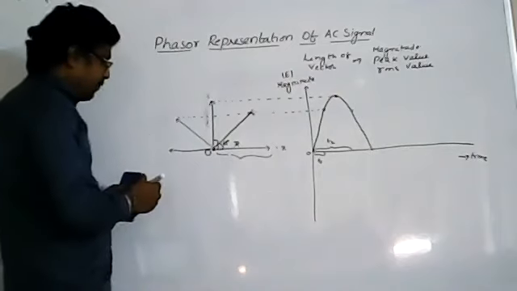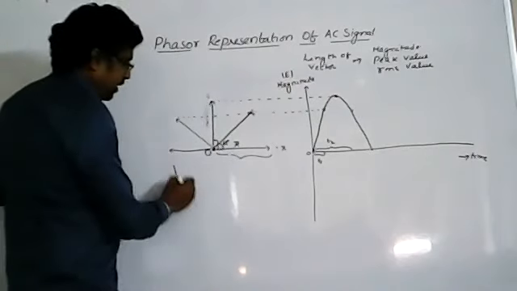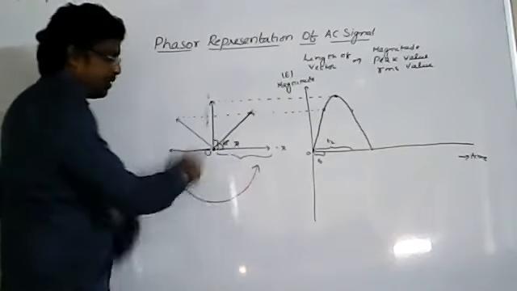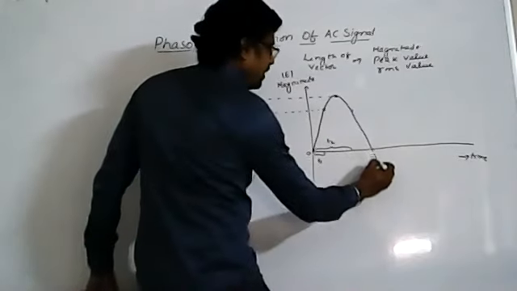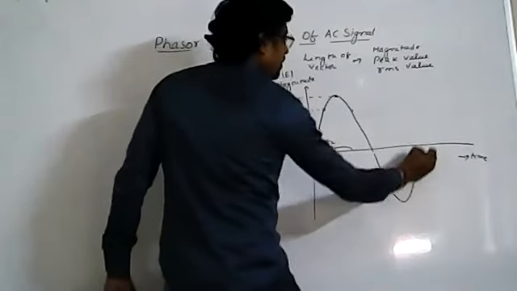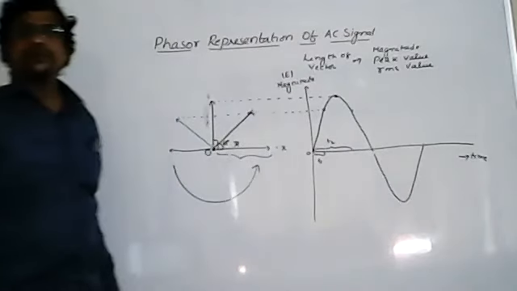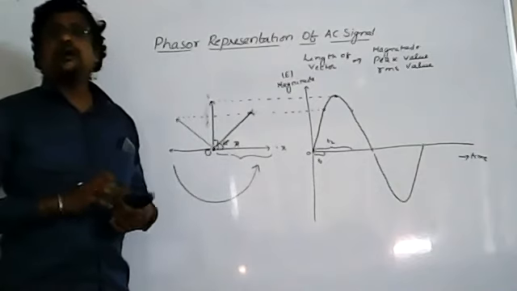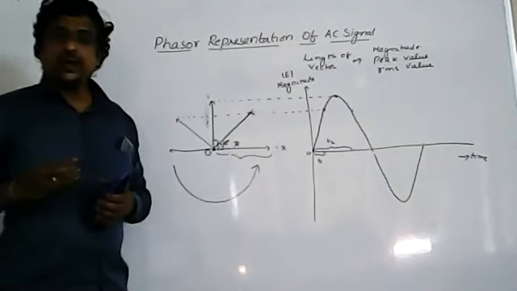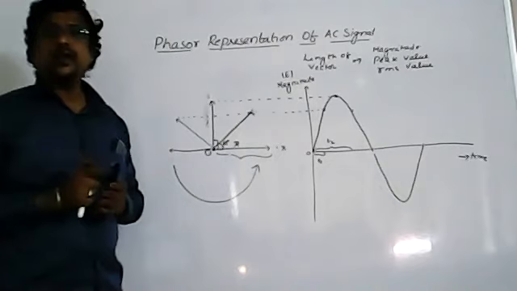Now, if I rotate further to 360 degrees, I will get a negative half cycle, and one complete cycle of an alternating signal.